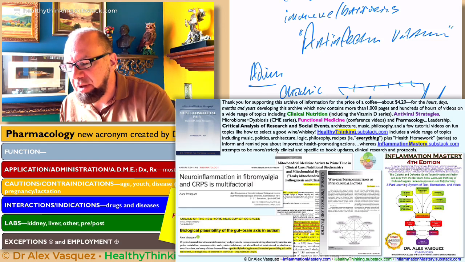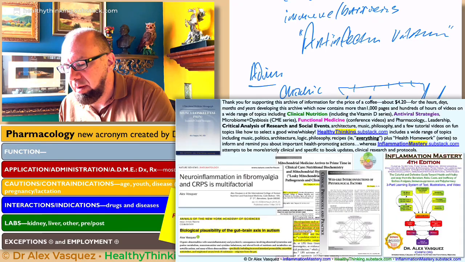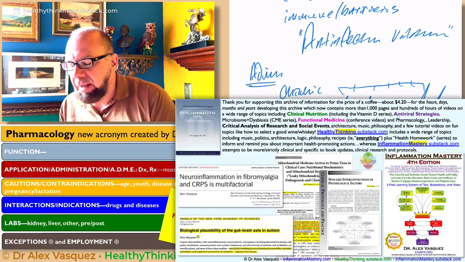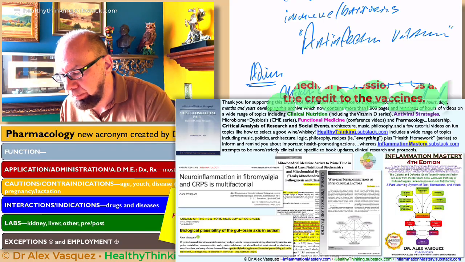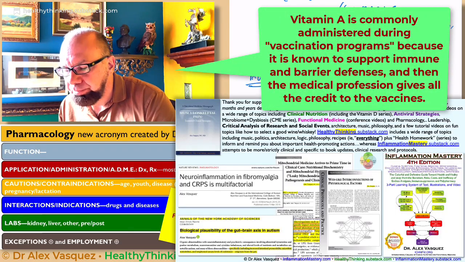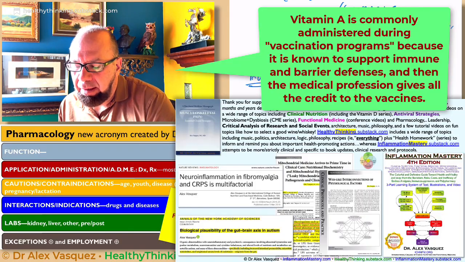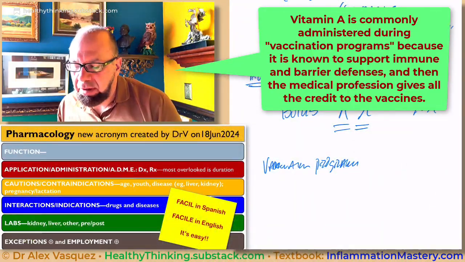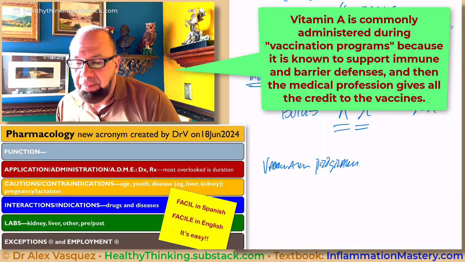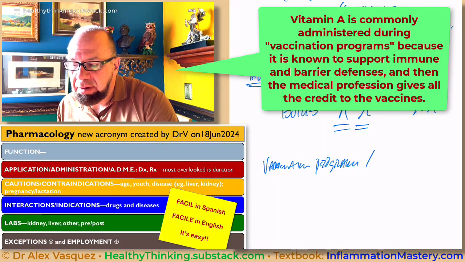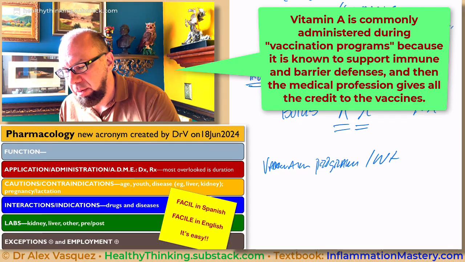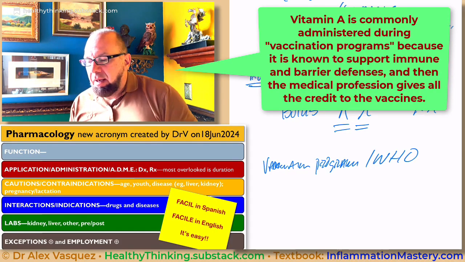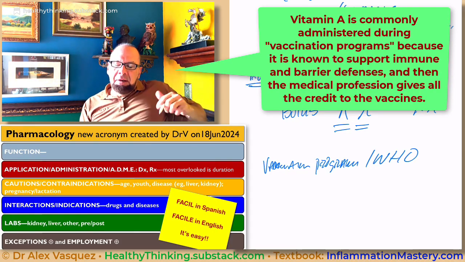But I did mention spontaneously that vitamin A is often used in bolus doses, and this often coincides with vaccination programs. And everybody knows this, who's ever studied public health. Or you can just go to the World Health Organization, WHO, and you can look it up on their website.